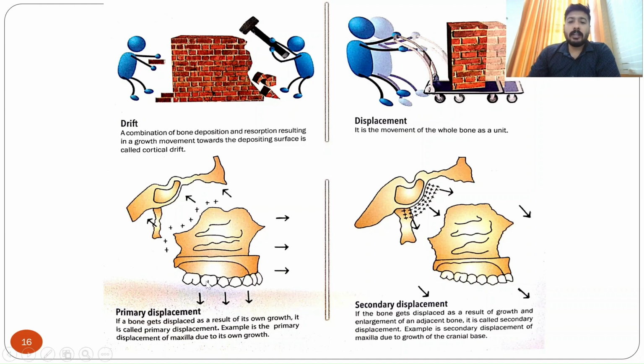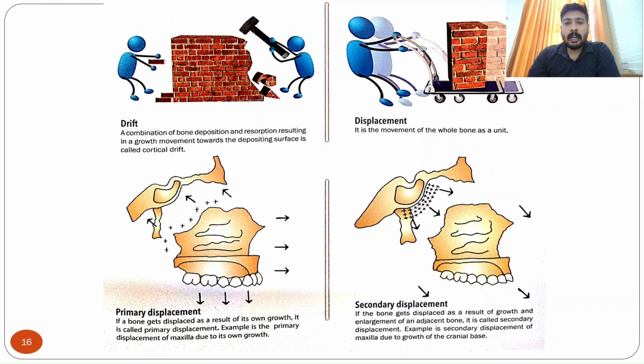On the left here you will be seeing the primary displacement, which occurs when the maxilla, or imagine a unit of bone, is undergoing deposition or increasing in size, because of which it will undergo displacement. If you look at a maxilla, if there is deposition occurring at the posterior surface, it will undergo a forward and downward movement.